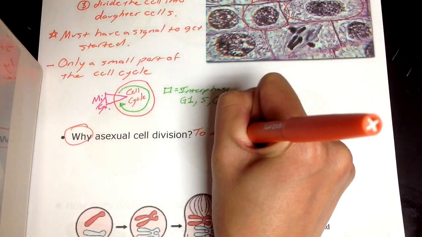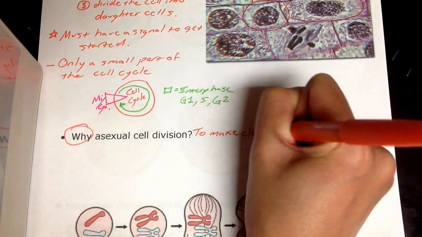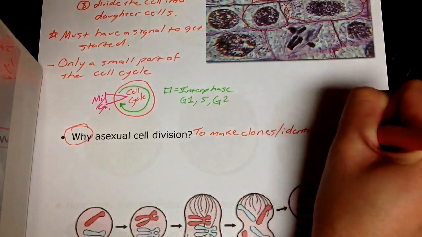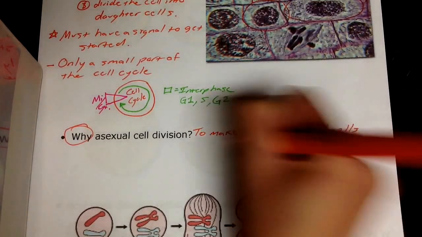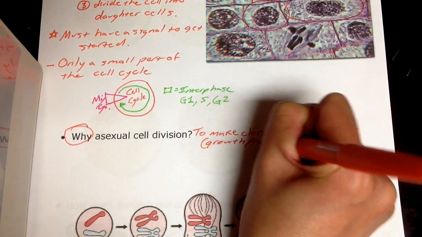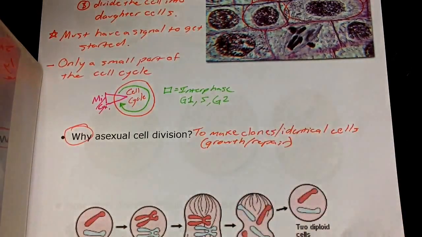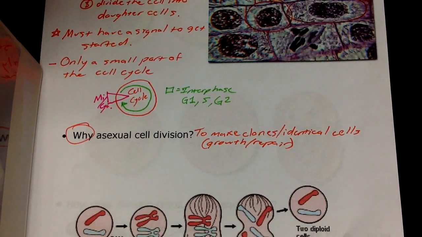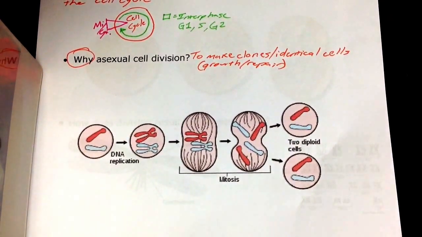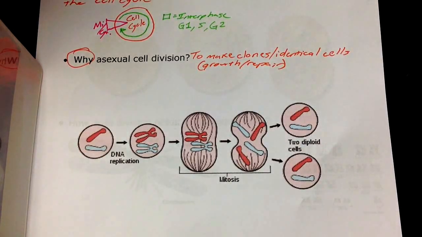To make or produce clones or identical cells. And this is the idea of growth or repair. But in asexual cell division, we have a lot going on in this fairly simple picture.